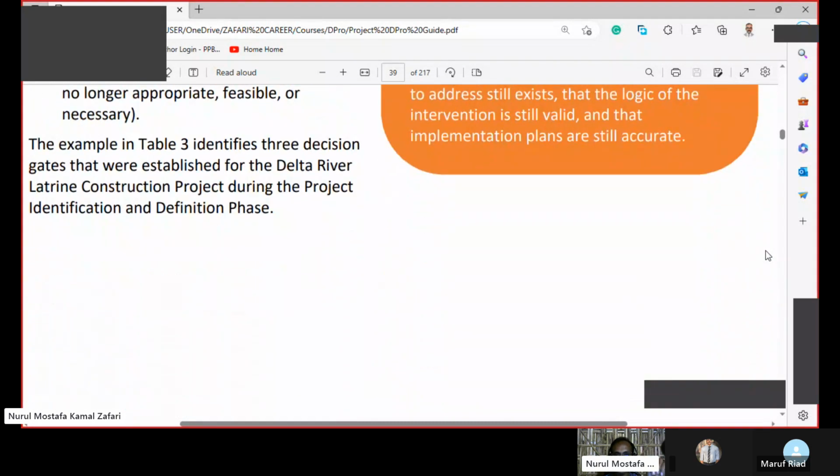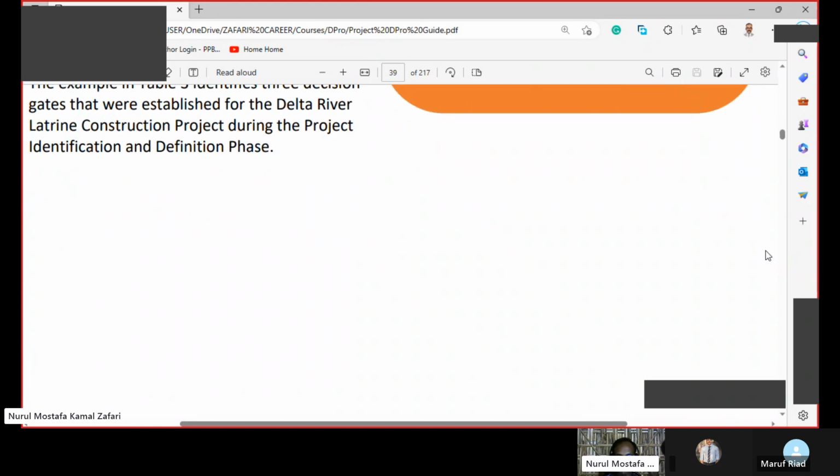So it gives us the ability to build and to check and recheck everything we have planned throughout the project lifetime.